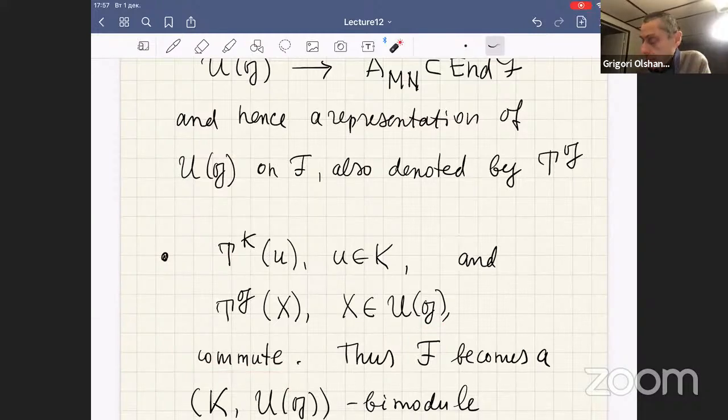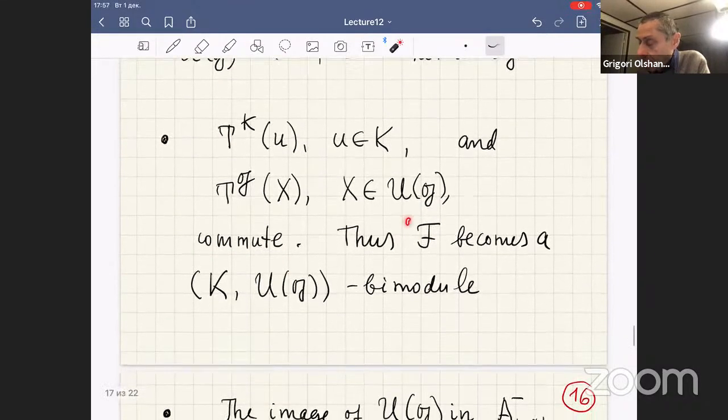And this means that our Fock space becomes a bimodule. There are two commuting actions, one by a group and one by some associative algebra or Lie algebra, and these two actions commute with each other.